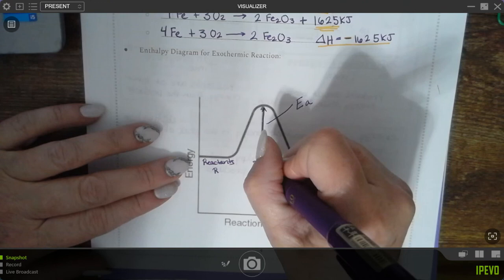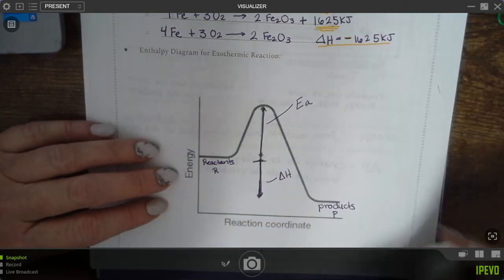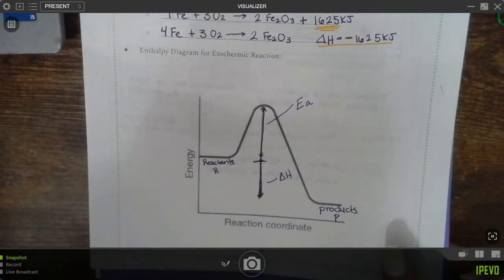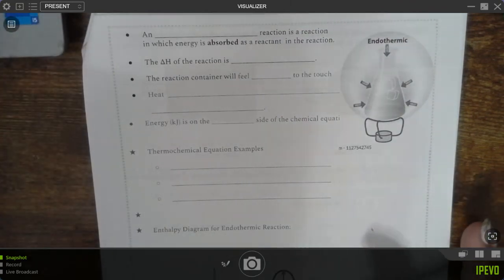Since from the reactants to the products it's going down, delta H is going to be a negative value. So now we're going to talk about the exact opposite. We're going to talk about endothermic reactions.